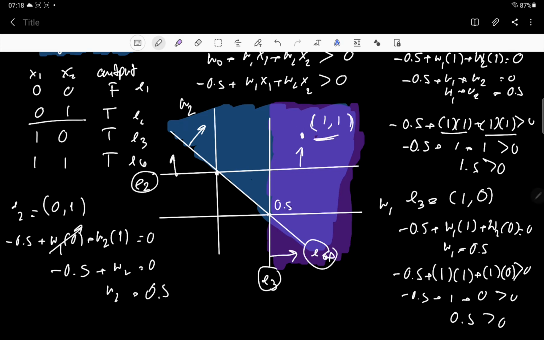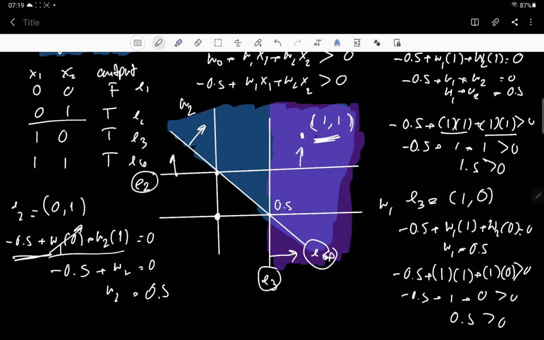You can choose a representative point again, minus 1, 1, or you can use the origin, 0 and 0. If you use 0 and 0, W1 is 0, W2 is 0, the summation here will be minus 0.5, right? This is less than 0. So the lower part will be the negative one.